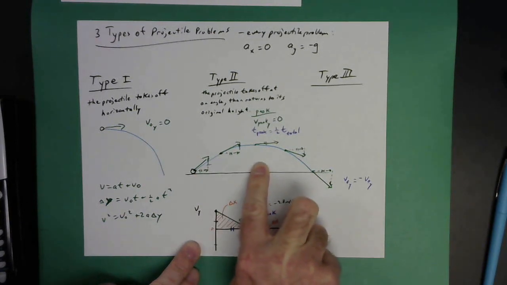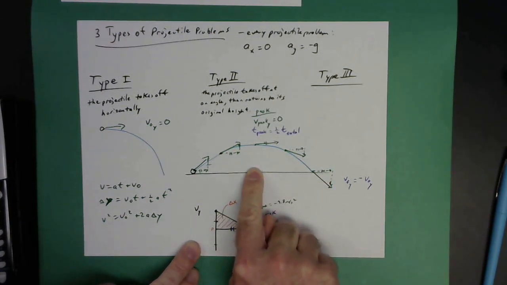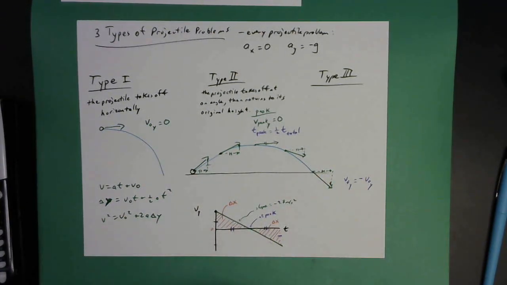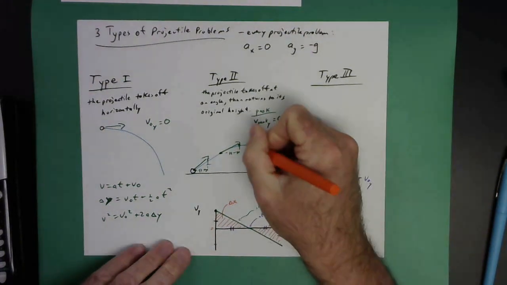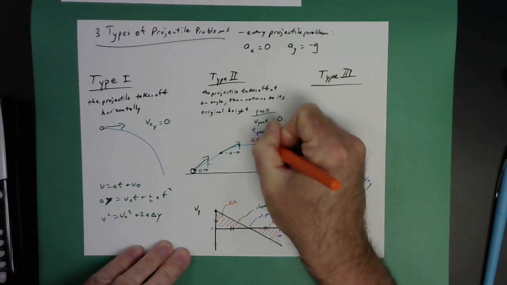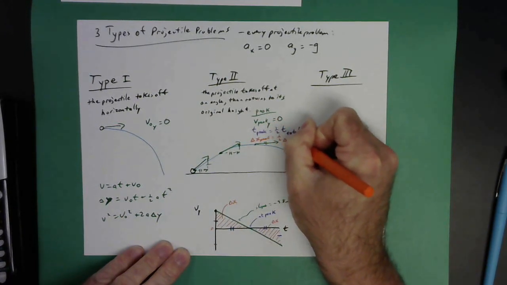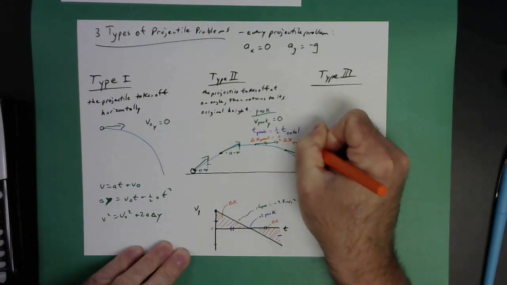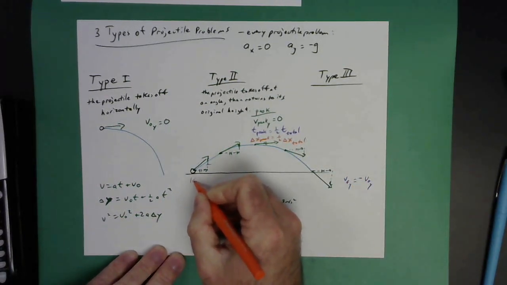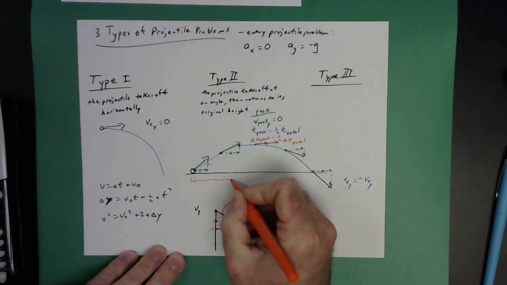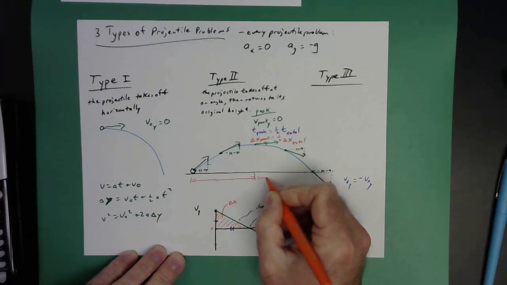This horizontal distance to the peak is the same as this horizontal distance from the peak back to the ground. So I know that my horizontal displacement to the peak is going to be half of my total horizontal displacement. This here is the same as this here.